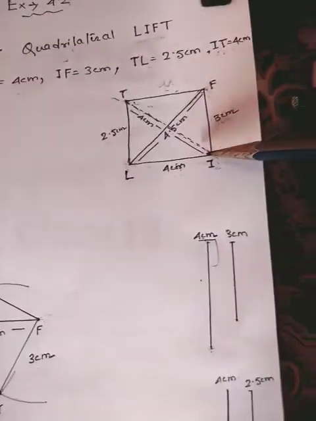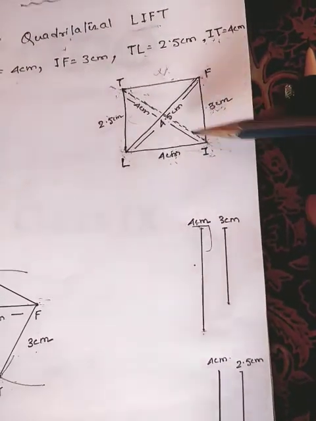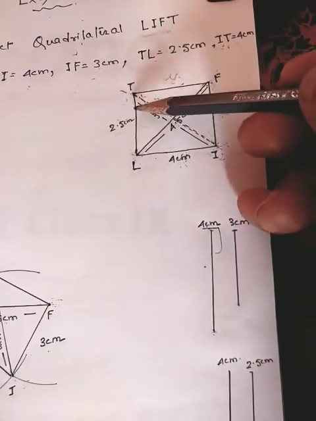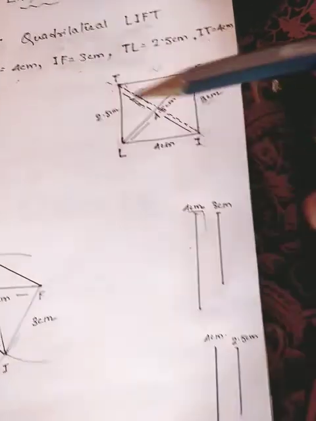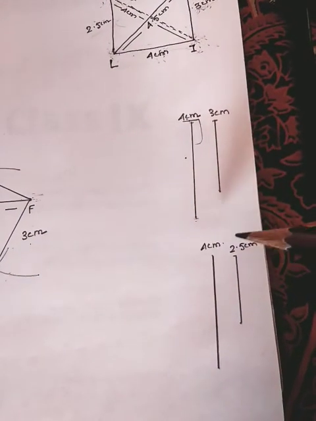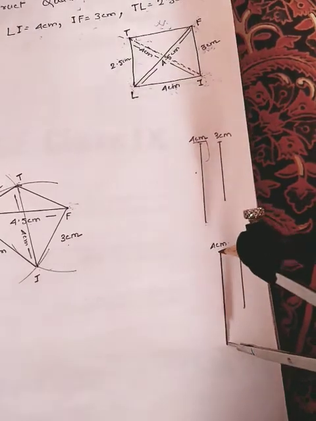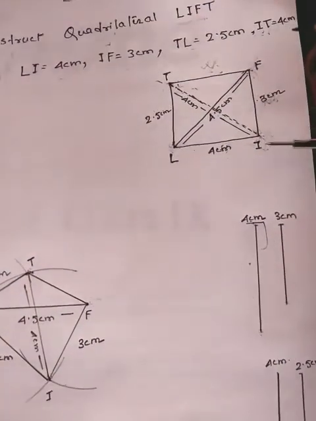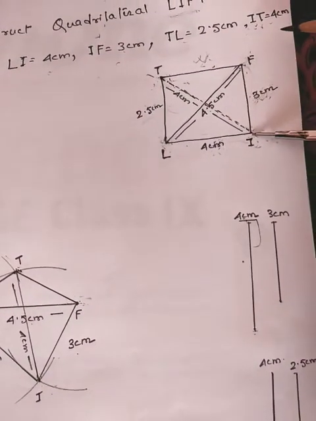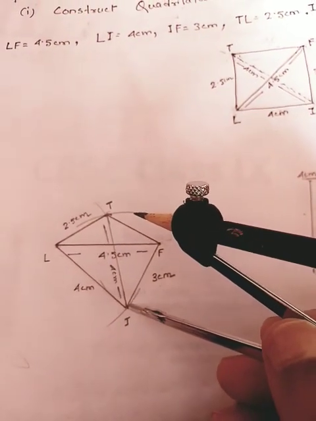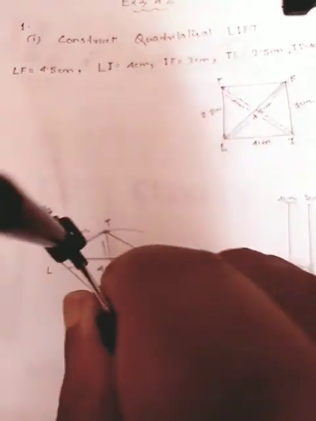Now you see, from I one measurement is given, IT, and from L another measurement is given, 2.5. So we'll draw 4 centimeter and 2.5 centimeter. I've drawn also, see, 4 centimeter and 2.5 centimeter. Now again I will take the measurement of 4 centimeter. See, it is already 4 centimeter. From where do I have to draw 4 centimeter? From I only. So put your compass point on point I and draw one arc like this.